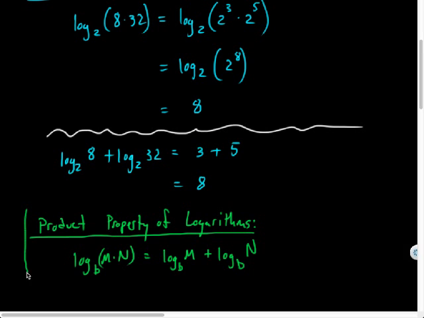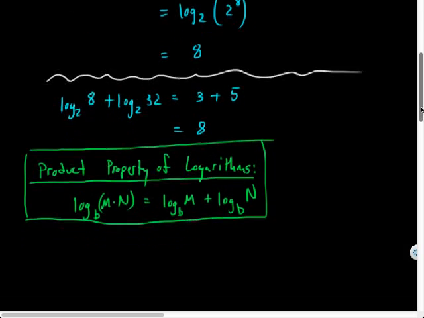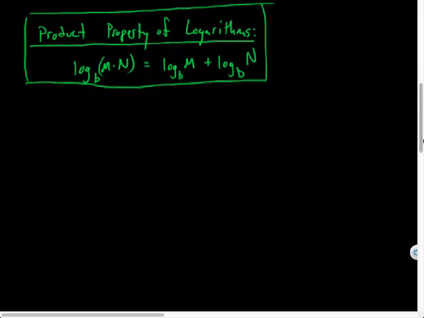The way one of my math professors used to say in college, he had a nice little way of verbalizing this and some other properties. He'd say that the log of a product, for those of you who are maybe verbal learners, is the sum of two logs.